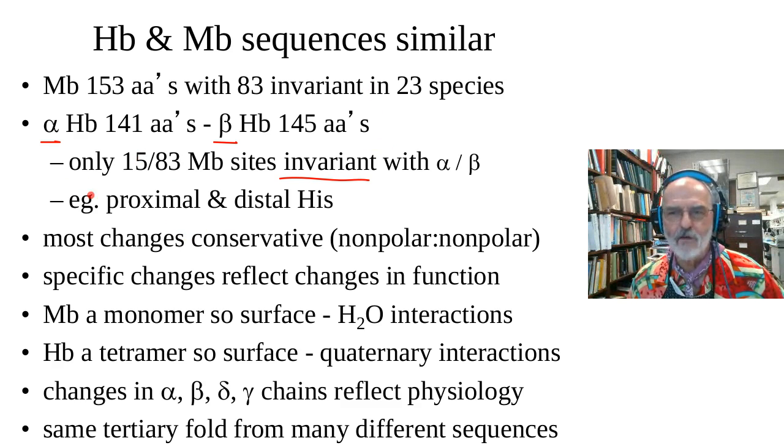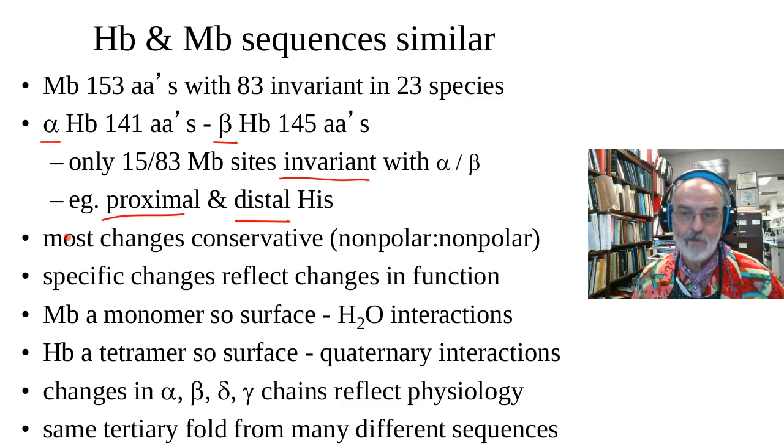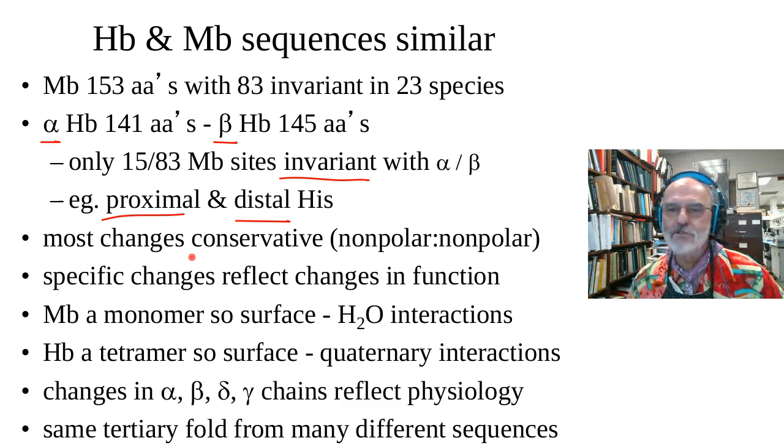Examples of these invariant or identical amino acids are the proximal and distal histidine. Both myoglobin and hemoglobin must have this to be able to bind oxygen. If those are mutated, it doesn't bind oxygen. So most changes are conserved, nonpolar. Some of the changes reflect specific changes in function.